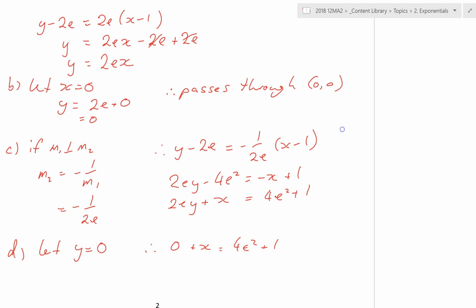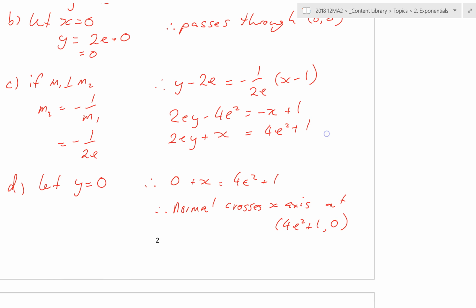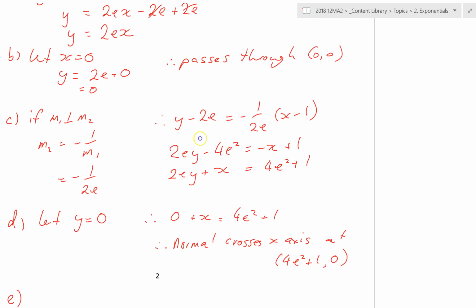So I should say, therefore, the normal crosses the x-axis at, because really I've only given one of the points, haven't I? At (4e squared plus 1, 0). Yep. That's D, and finally E.